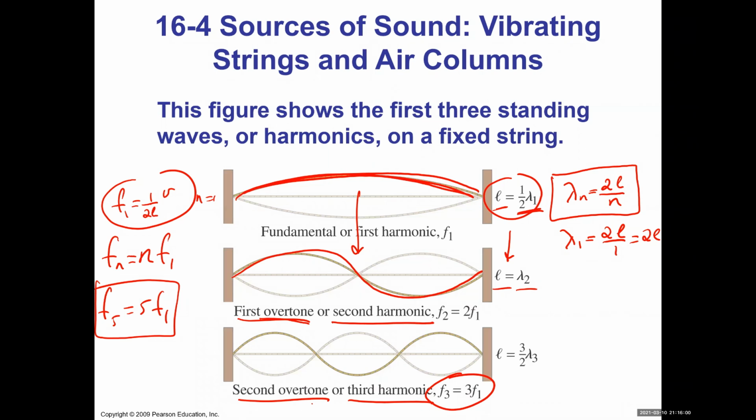So this n you can relate to the number of antinodes or the harmonic number, and the number of overtones is always one less. That means the second harmonic is the first overtone.